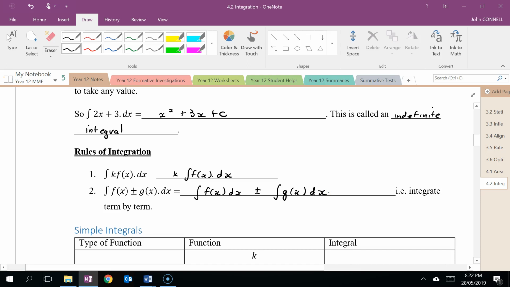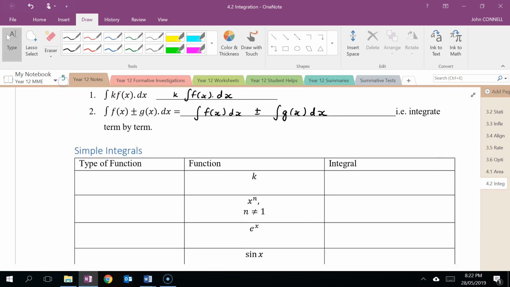Now, there are some key rules of integration. Remember, when we're doing integrals, we're thinking, what function will differentiate to give my original function? So if I've got a constant, what's going to differentiate to give me a constant? Well, if it's in terms of x, it'll be kx. That'll differentiate just to give me k, and we need to remember plus c.